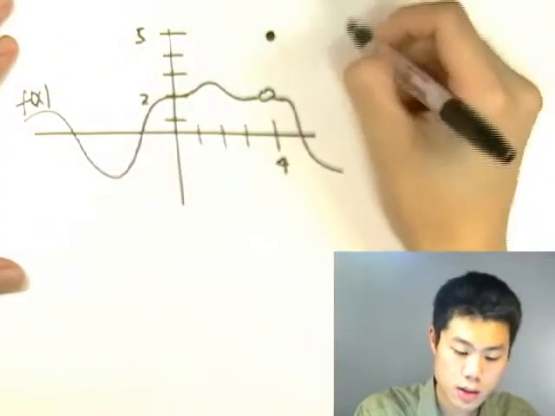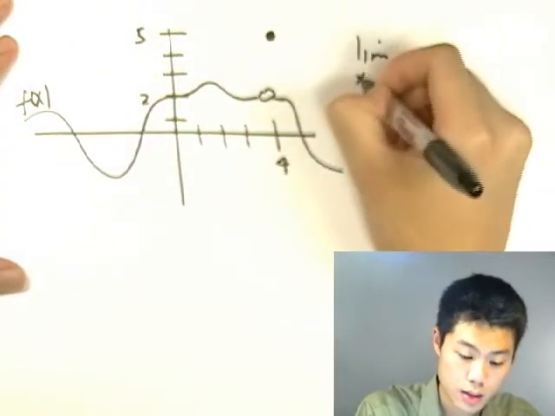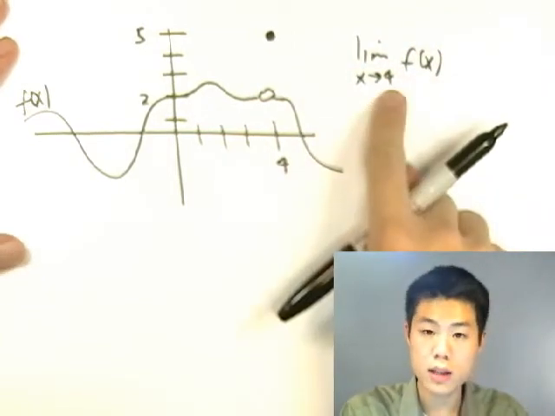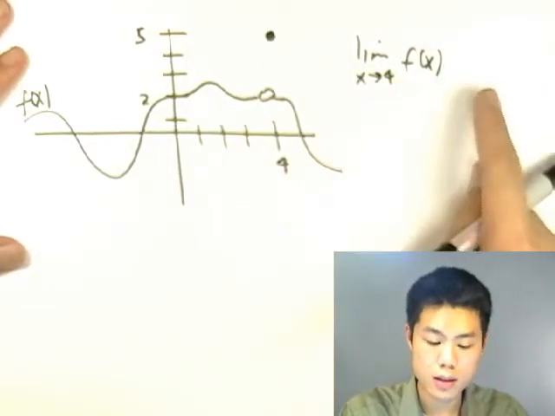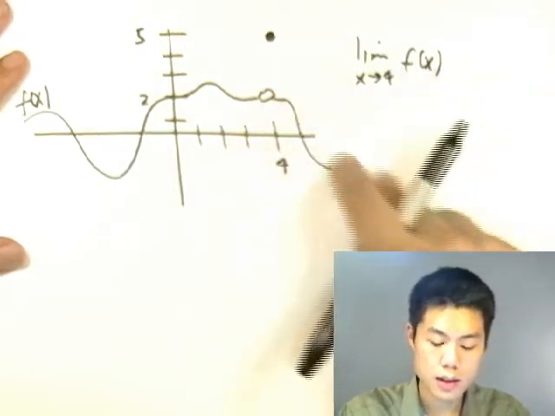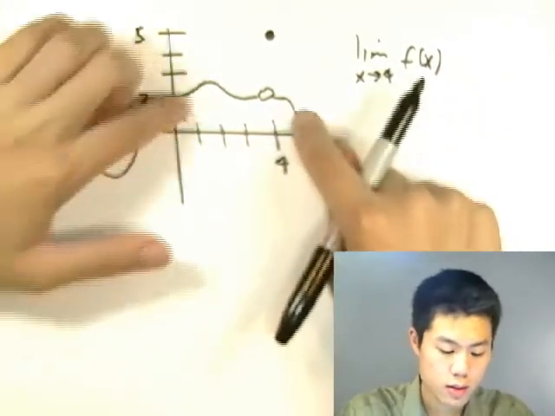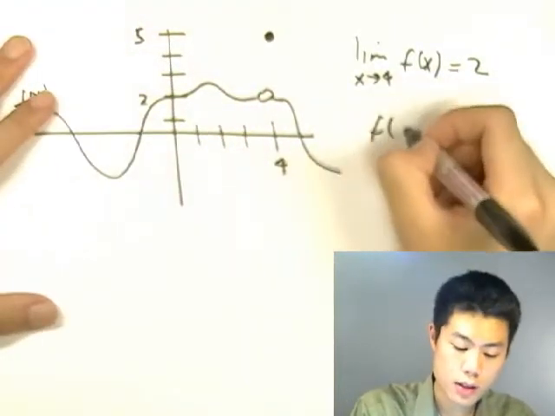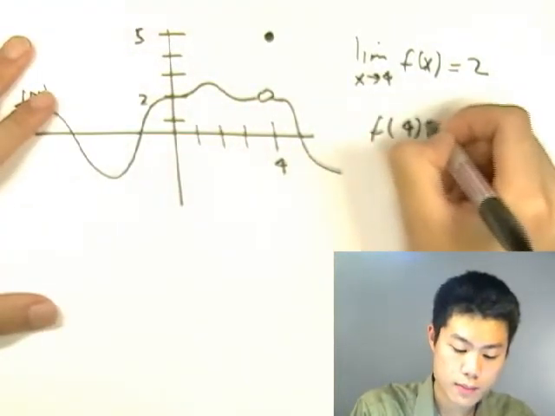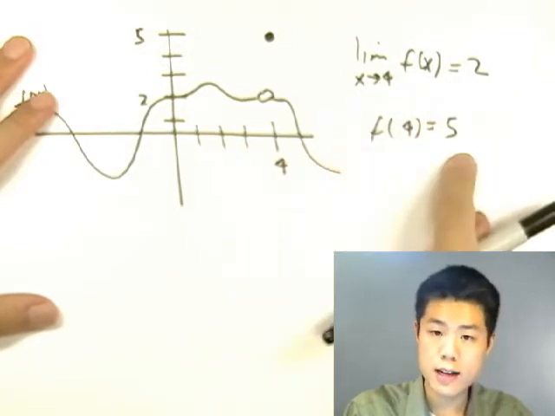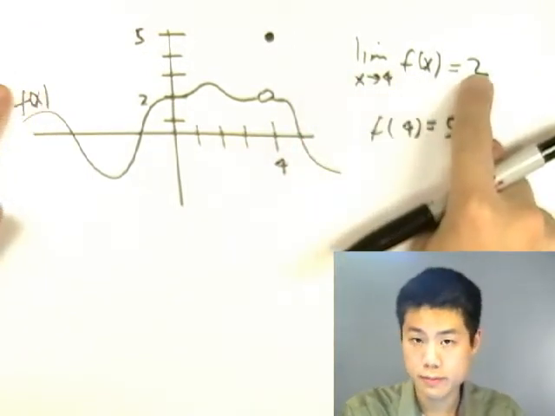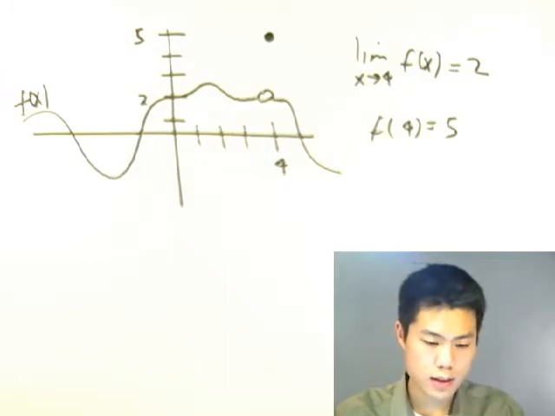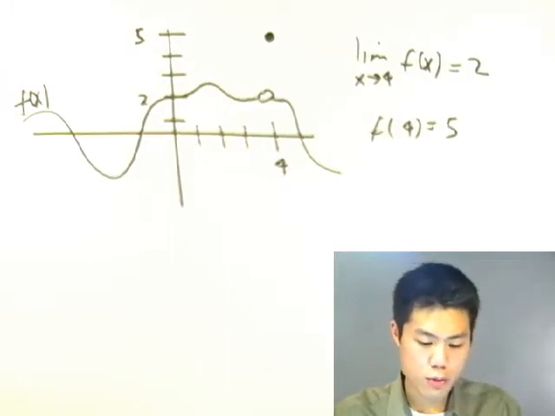My question to you is, what is the limit of f of x as x approaches 4? Is it 5? No. It's equal to 2. Do you see that? This question is 5. This question is 2. Okay, so that's a limit for you.